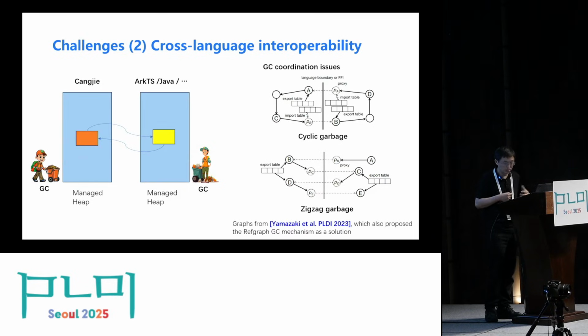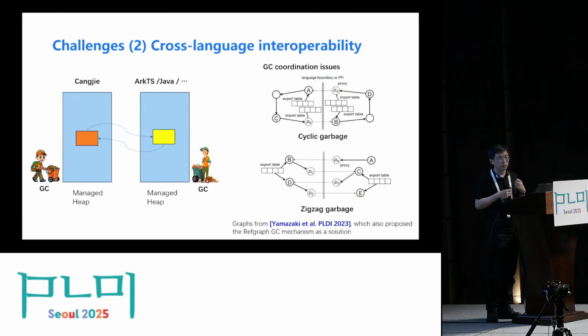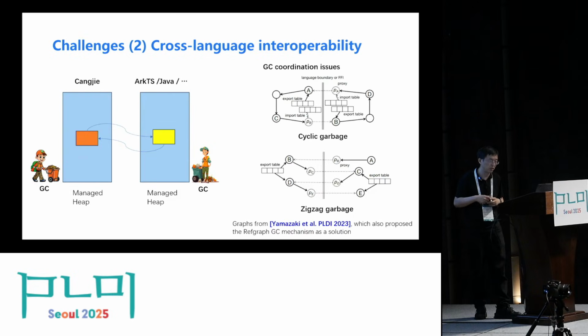So we want to study how to make this concurrent so that it doesn't cause more delays. Also, it would be interesting to study that in the same process, the Cangjie side may want to interact with multiple languages. So it would be important to extend this mechanism to support interaction with multiple GCs.